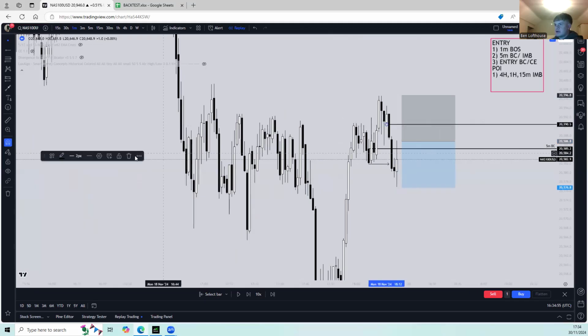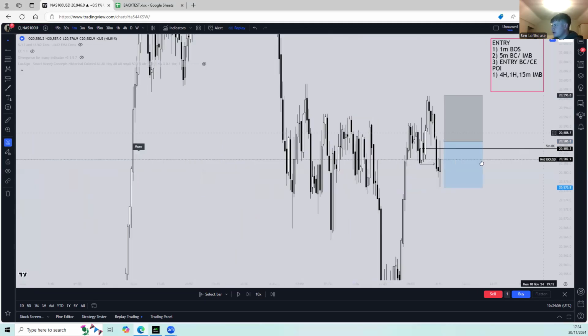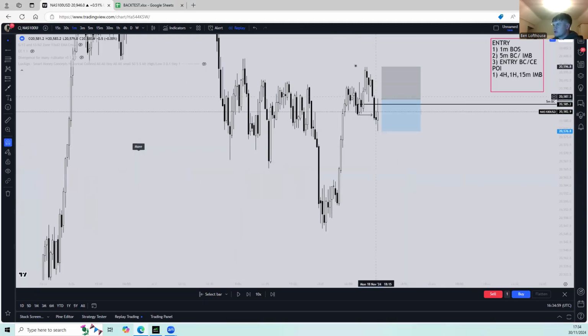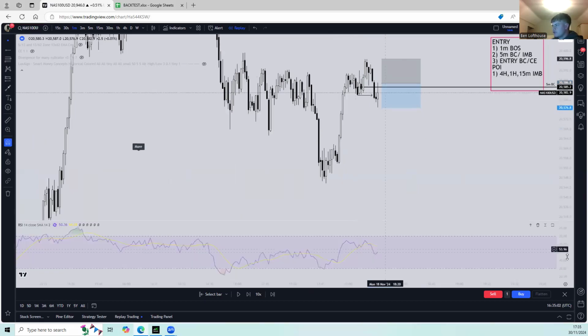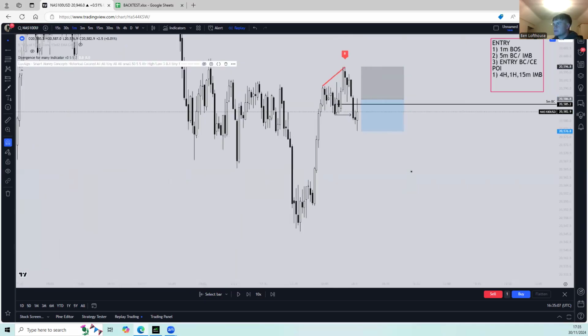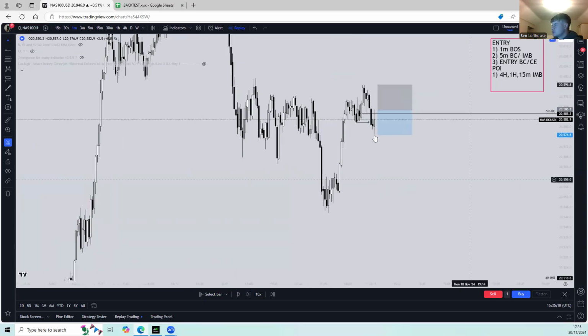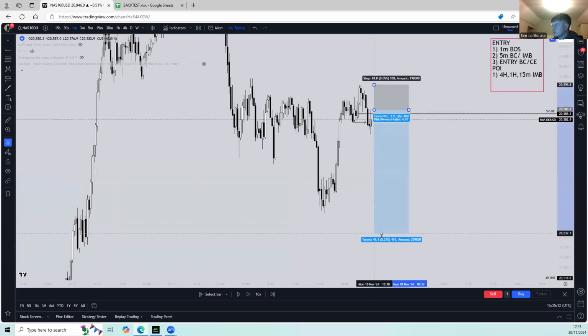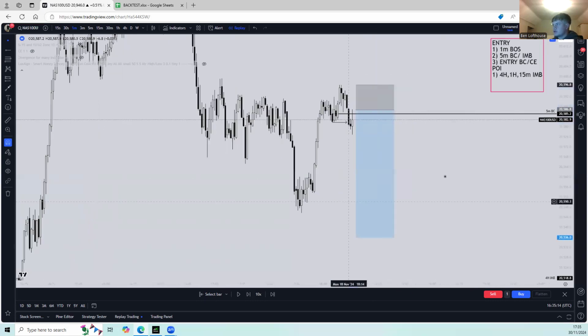I think this is how I'd enter this trade here. We've got 1 minute imbalance. These don't really matter too much, but we have got divergence there. So 50 points for a 10 point stop loss.